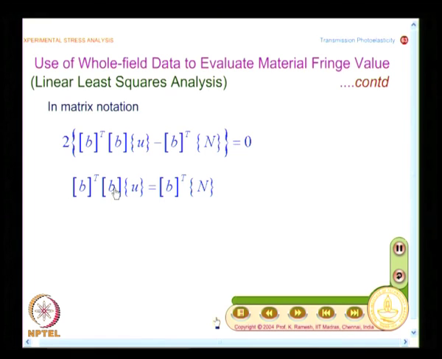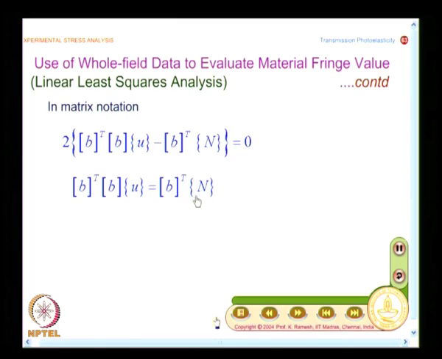And what is important here is the matrices what you have as B, B transpose, U, N are very simple. They can be directly written down from your experimental measurement. There is no difficulty at all, and you have n number of Gaussian elimination procedures available. So, solving this is also very simple, and computer time is hardly anything, and because it is a linear equation, you do not need any iteration, just one solution gives you the final answer.